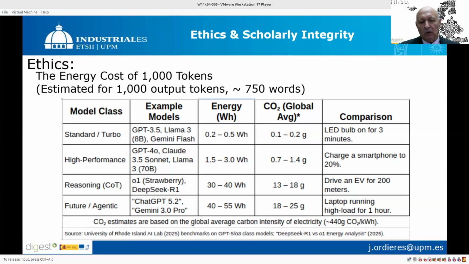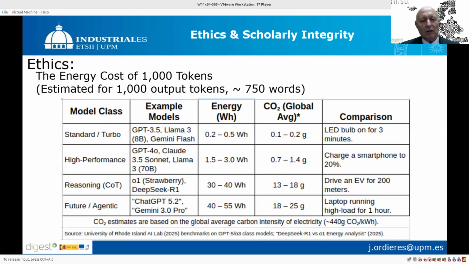It takes, for instance, for ChatGPT or Gemini, either 50 watt-hours or 18 to 25 grams of CO2, based on the average of 140 grams per kilowatt hour. So it's kind of 1 hour running at 100% intensity of your laptop as an average. And believe me, 750 words is almost nothing for that kind of system. Once you start discussing and brainstorming, you will generate several thousands in very short periods of time. So be aware of that.